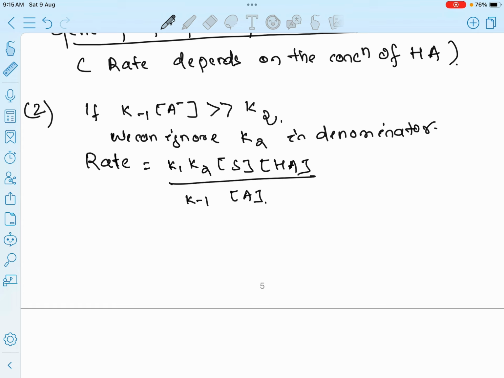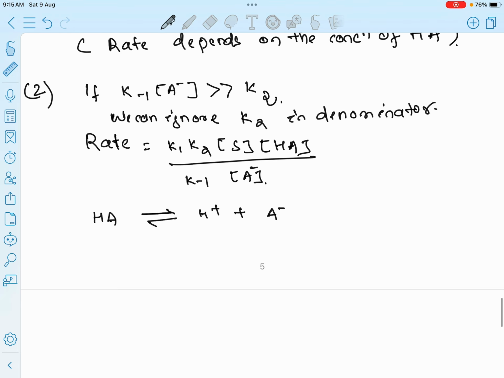But unfortunately from this expression we are not able to know anything. Therefore we will introduce some factors here. So what are the factors? If HA is a weak acid, obviously it will dissociate into H plus and A minus.